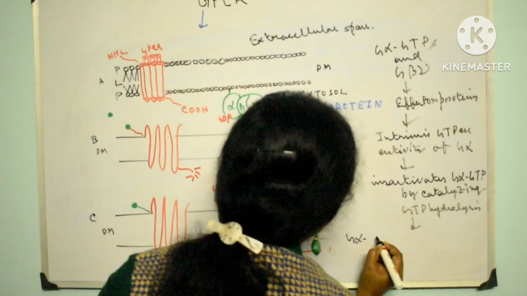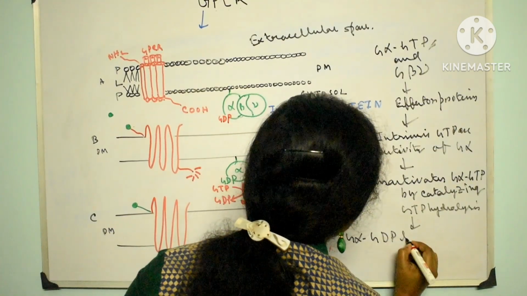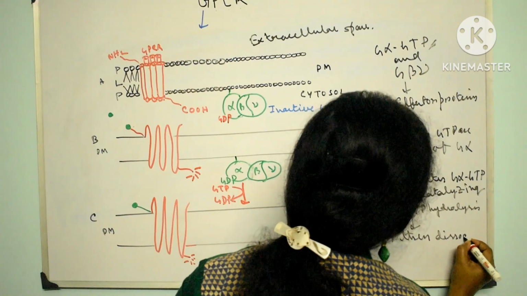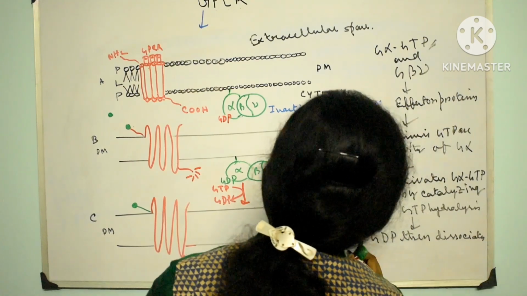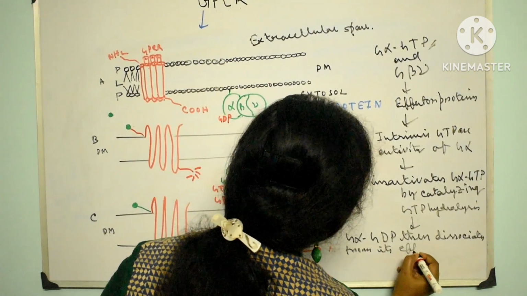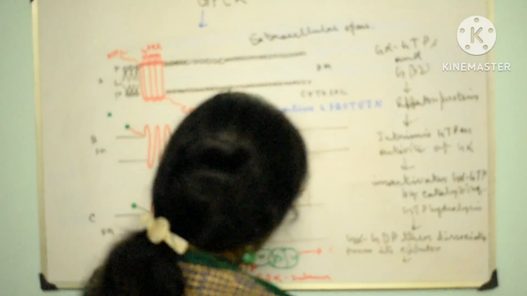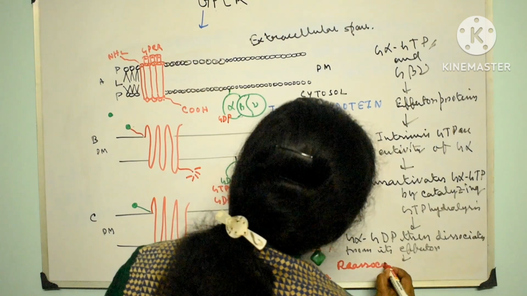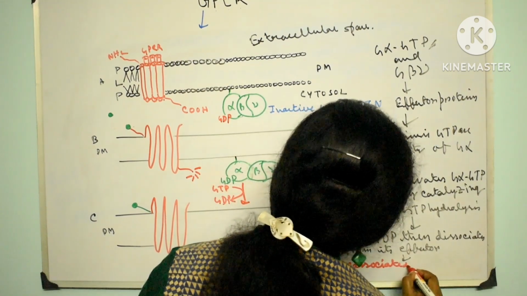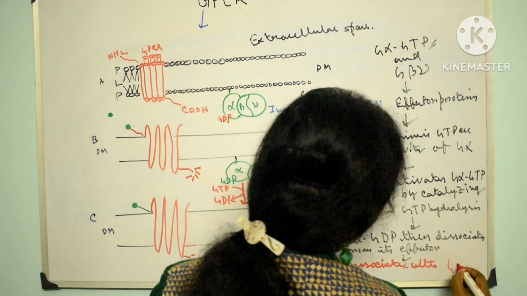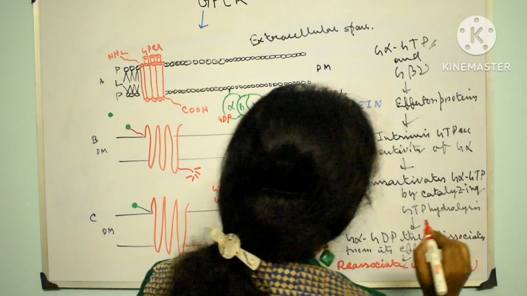Then what happens? G alpha GDP dissociates from its effector and reassociates with G beta gamma.